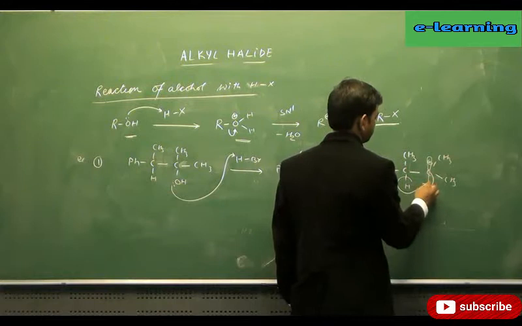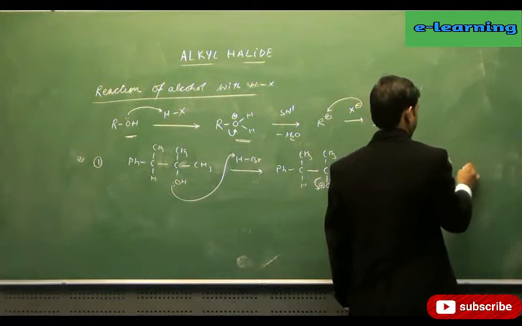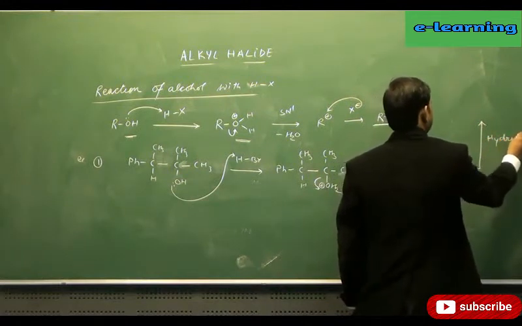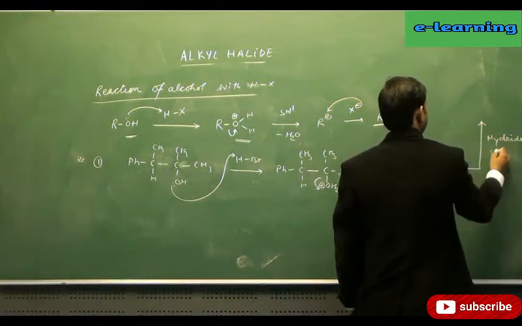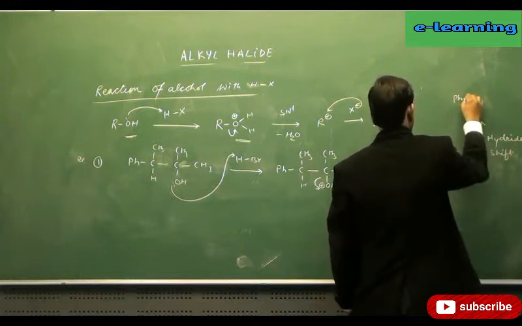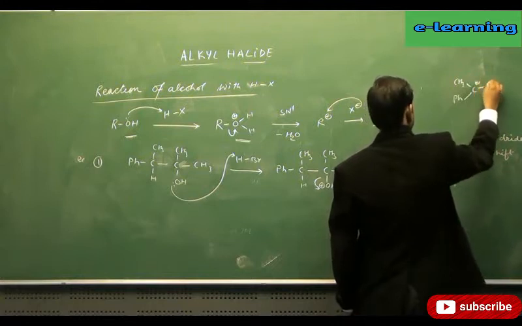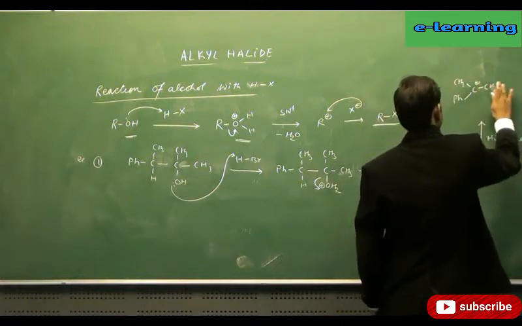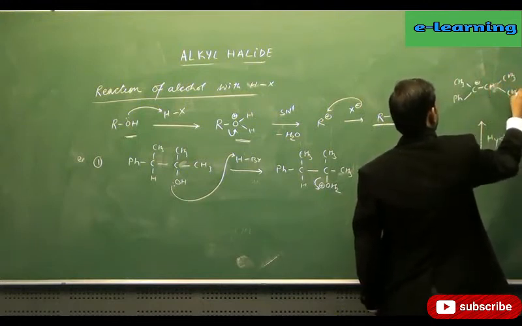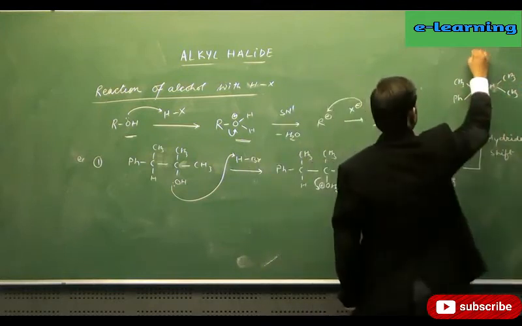Halide shifting takes place because of rearrangement of the carbocation. Now attack of Br, from front or back, gives two products.